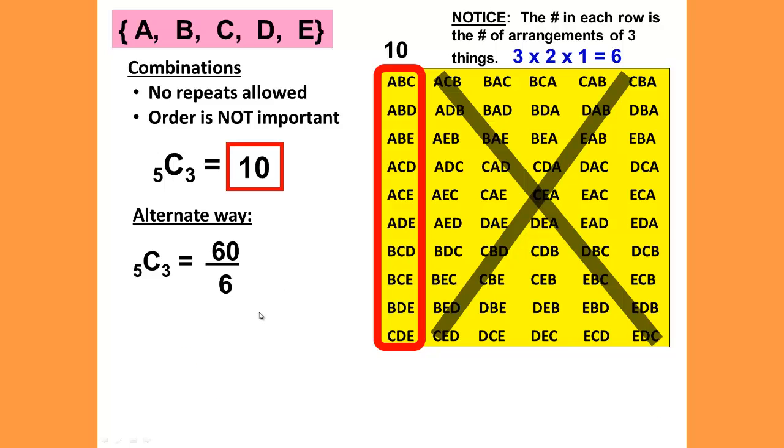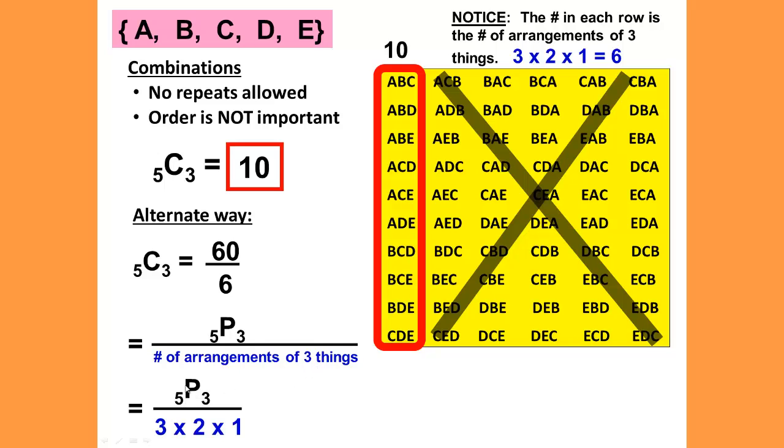So, back to that. The 60 is the same as the total number of permutations that we had, so that gives us the number of permutations for 5P3 divided by the number of arrangements of 3 things.